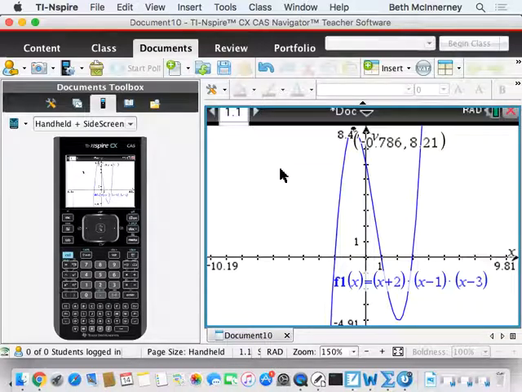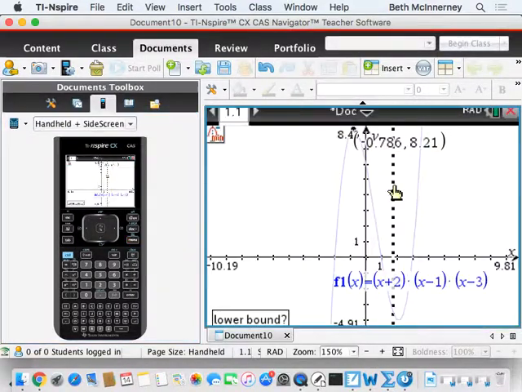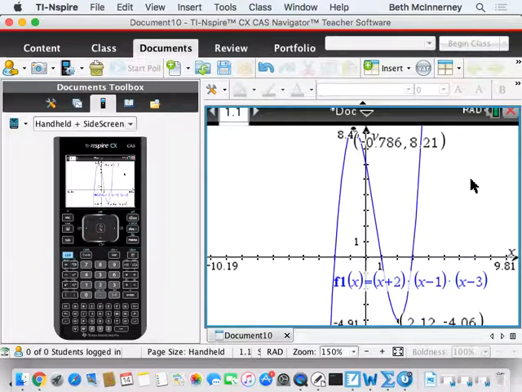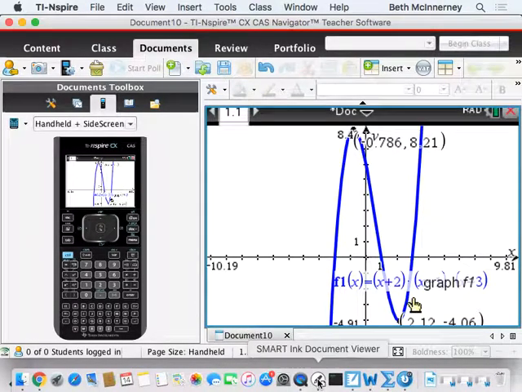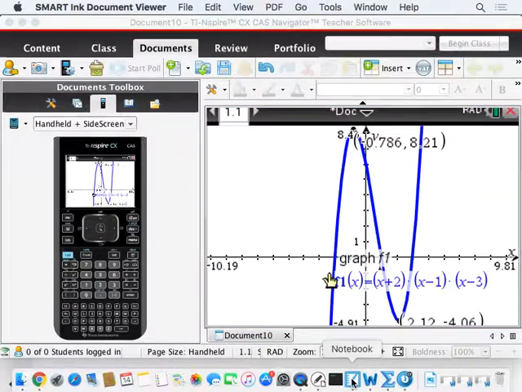Okay, I'm going to round to 2 decimals. Then let's repeat. Menu, Analyze, and now I need the minimum. It does not matter which one you go get first. And I got 2.12, negative 4.06. And I'll put those on my paper here.